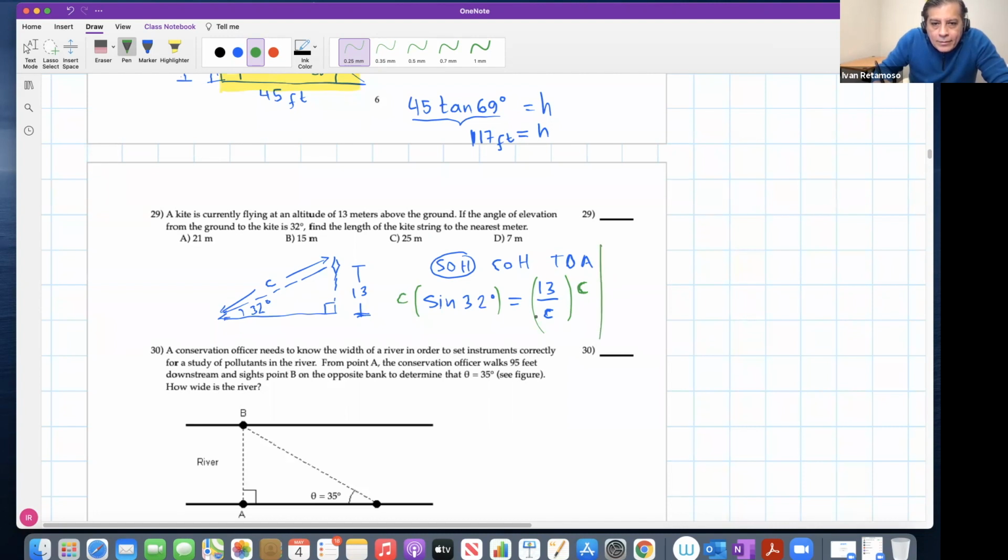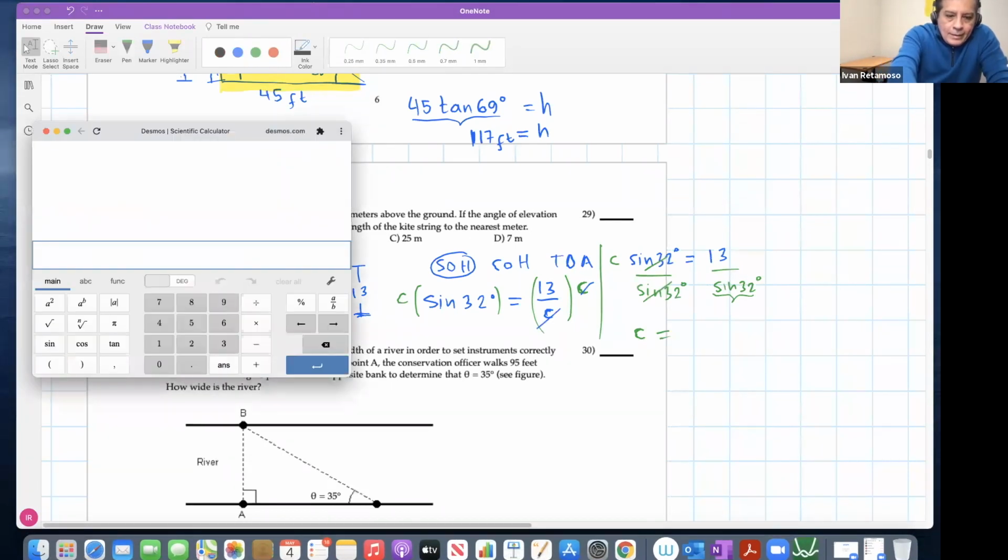So we have C multiplying sine of 32 degrees equal to 13. Since this is just a number, I may divide both sides by sine of 32 degrees, and therefore find the answer: C equals 13 over sine of 32 degrees.